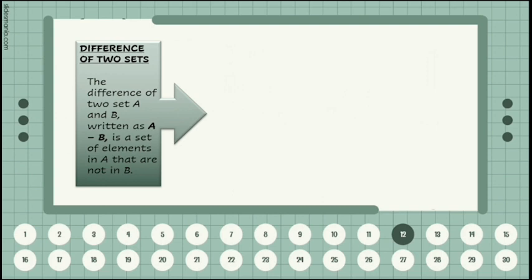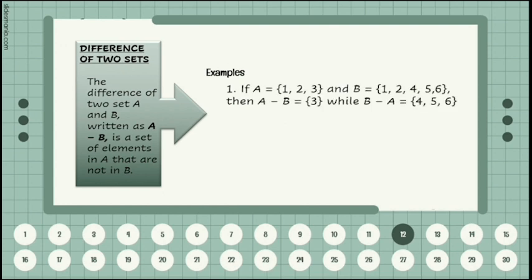Difference of two sets is the set of elements in A that are not in B. Example here, if A equals {1, 2, 3} and B equals {1, 2, 4, 5, 6}, then the difference between A and B is equal to {3} kasi yung 3 na element lang yung wala dito sa B. While the difference of B and A equals {4, 5, 6} kasi these elements are not contained in set A.